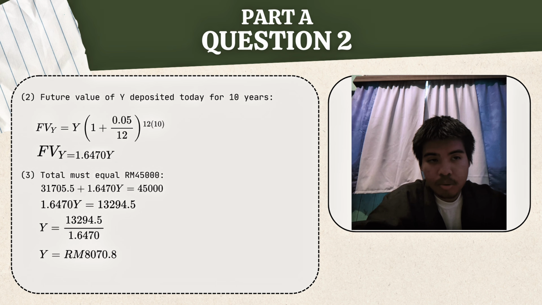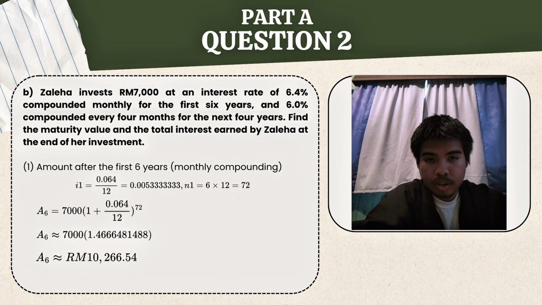When we solve this, we get Y equals 8,070.8. So Ahmad needs to deposit about RM8,071 today.